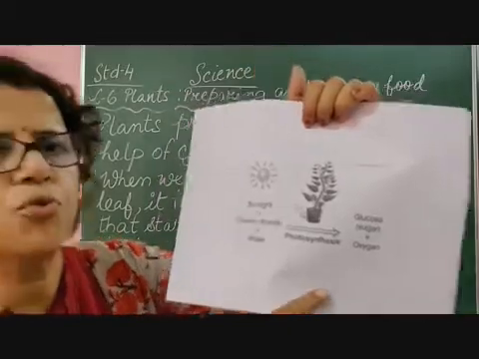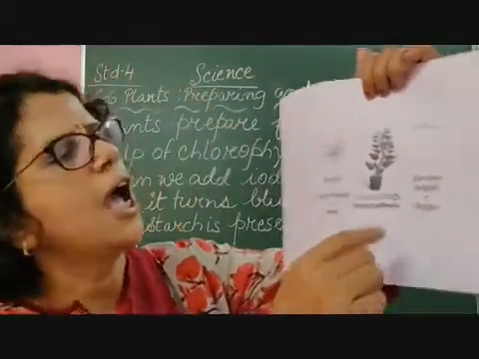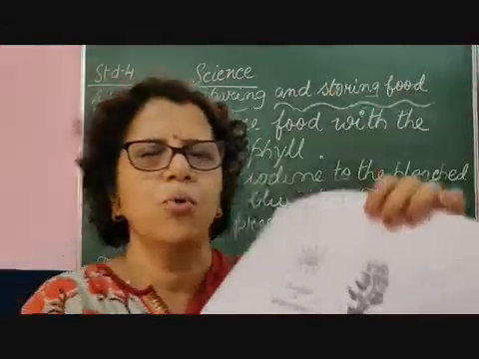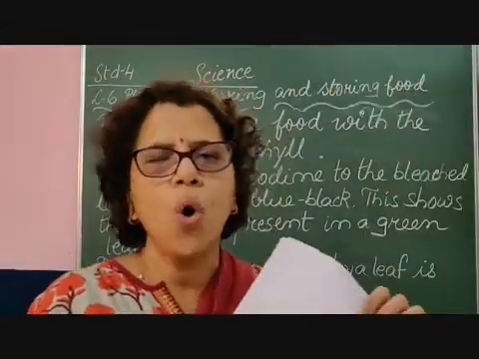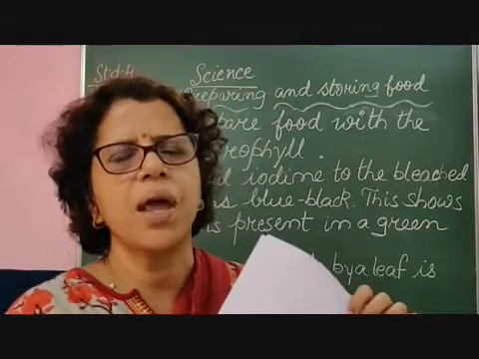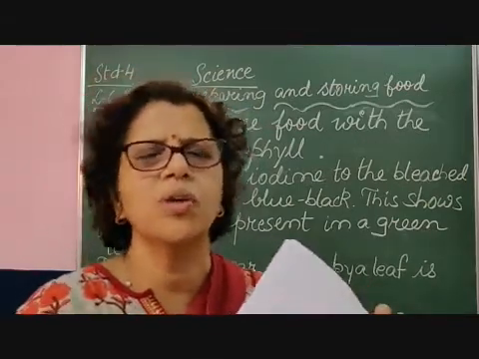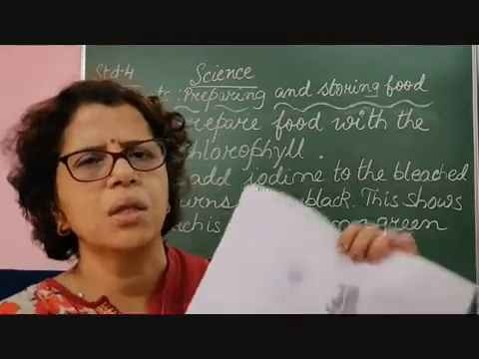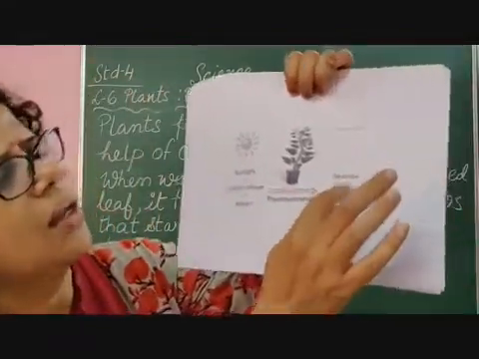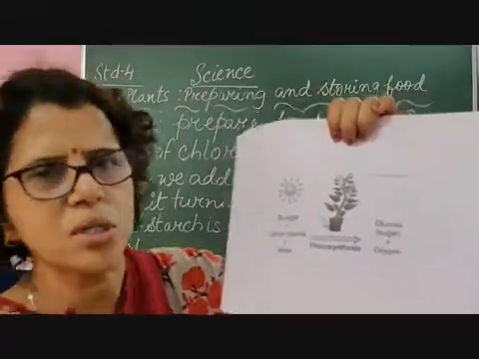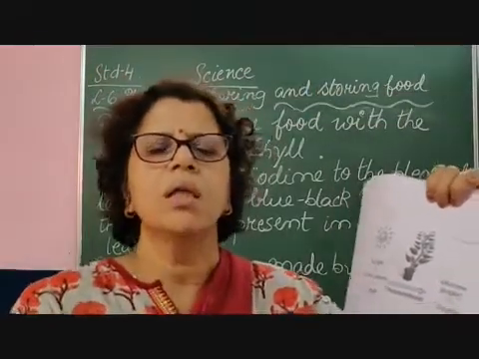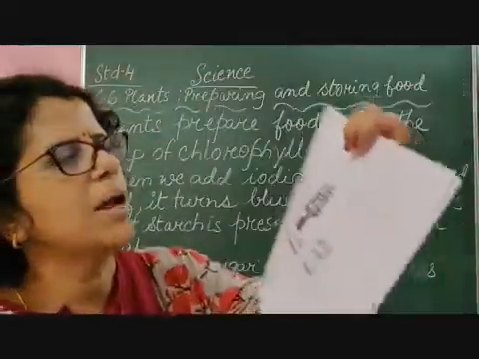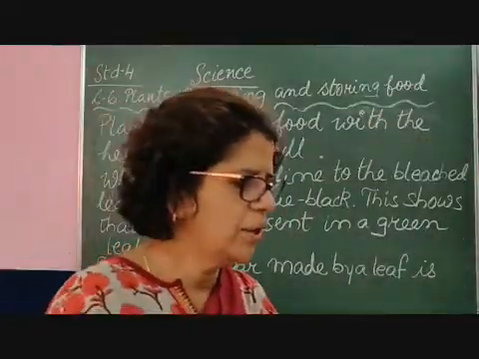The food is called glucose, means you know you have taken Glucon-D, or in the last lesson when I was showing you the solute, solvent and solution, I have shown you the mixture of Glucon-D, means you are taking the glucose, and that is sugar, and then plus oxygen, because they let out the oxygen in the air, and that oxygen is taken by the human beings and other animals. Okay.